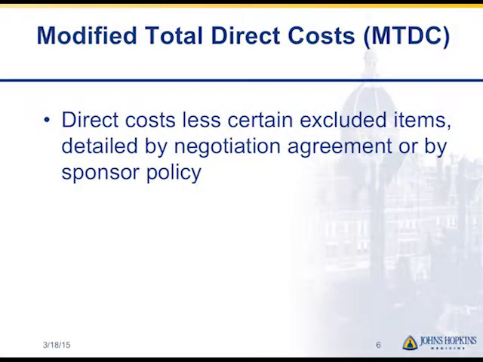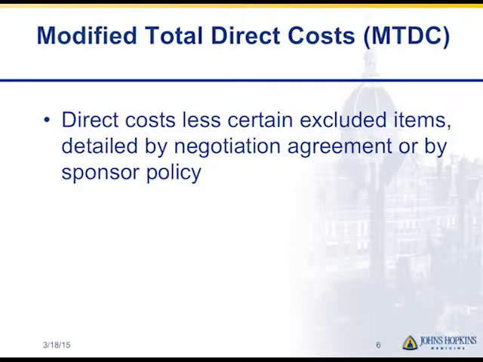So modified total direct cost, MTDC, is direct costs less certain excluded items detailed by negotiation agreement or by sponsor policy. In this case, there are certain items which get excluded from being charged your facilities and administrative rate.